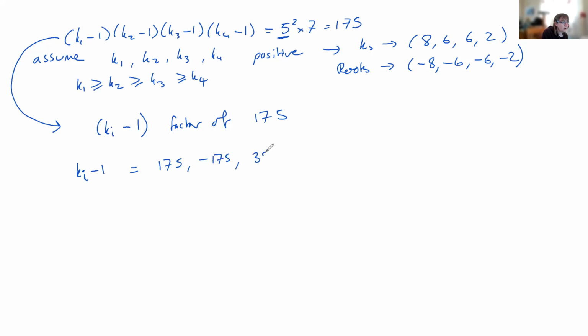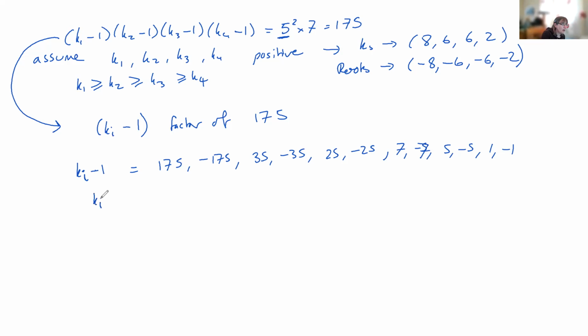It could be 35 or minus 35. It could be 25 or minus 25, and it could be 7 or minus 7. It could be 5, minus 5, and it could also be 1 and minus 1. Okay, so that's a very long list, but those are all the possible things that could divide 175.